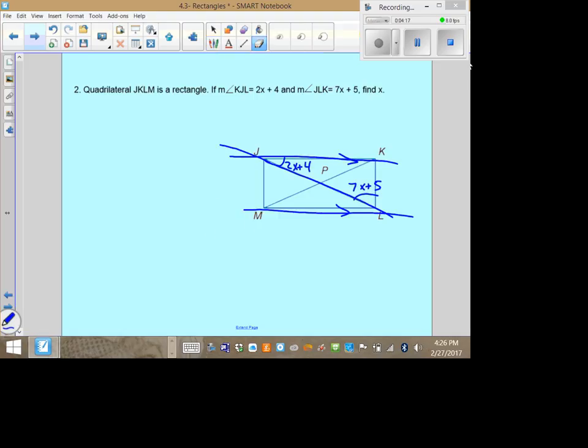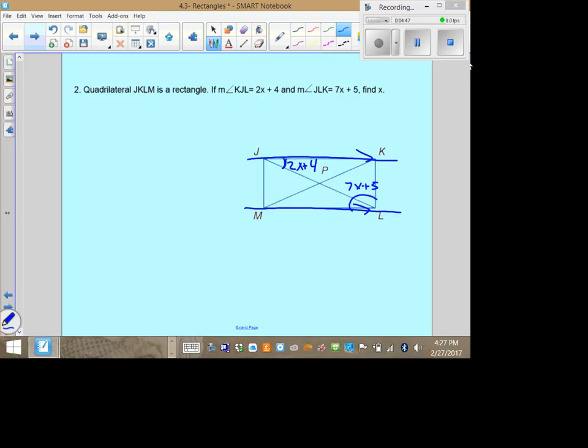Oh, hang on. Let's rewind. We have this measure is 2x plus 4, and this measure is 7x plus 5. Since we have parallel lines, we know that alternate interior angles are congruent, so that would be this angle and this angle.